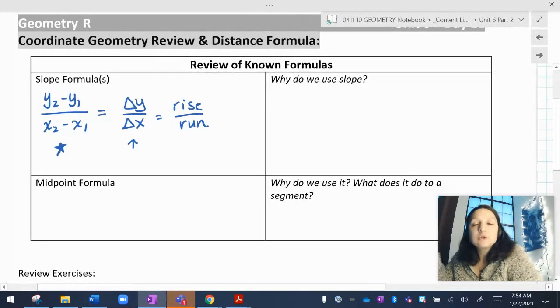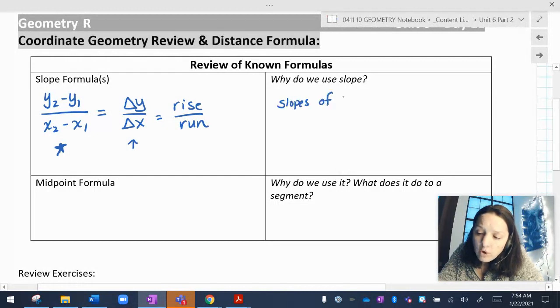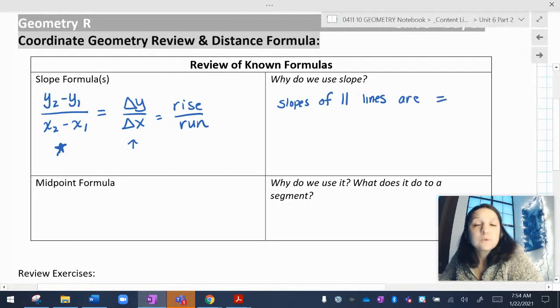Now, why the heck do we use slope? Well, there's a couple reasons we use slope. Number one, slope tells us how slanty something is. But when it comes to geometry, it gives us more information than just how slanty it is. We want to remember that the slopes of parallel lines are equal. So if two things have equal slopes, then they're parallel.